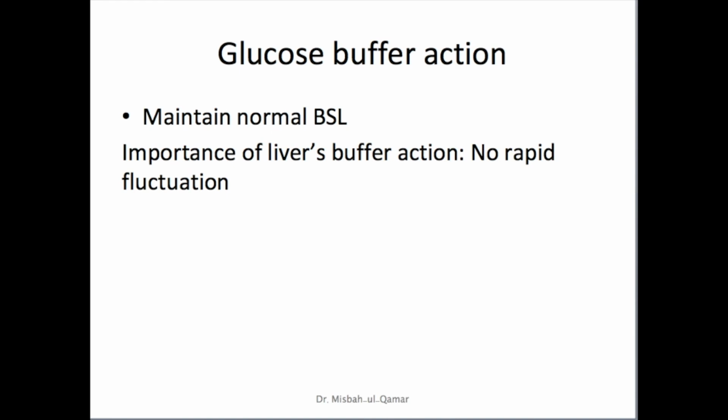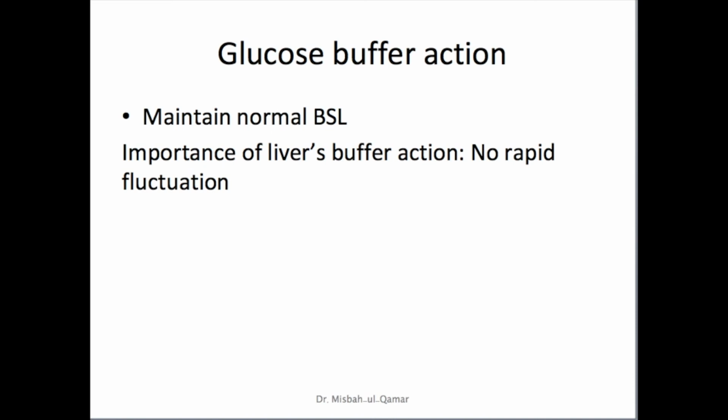Glycogen storage function allows our liver to perform its glucose buffer action, which removes excess glucose from blood and thus maintains a normal blood glucose concentration and also returns it when the blood levels fall.